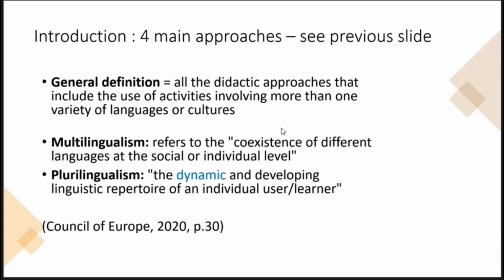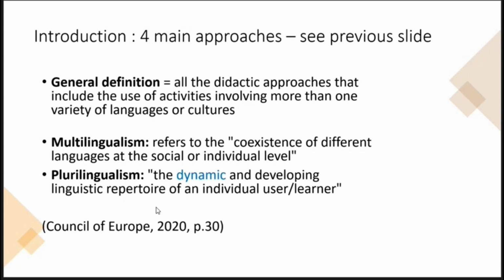Something that may be interesting to add is a terminological comment. A distinction is often made in Europe between multilingualism and plurilingualism, less so in other areas. In the States, for instance, they only speak of multilingualism to include the two aspects.